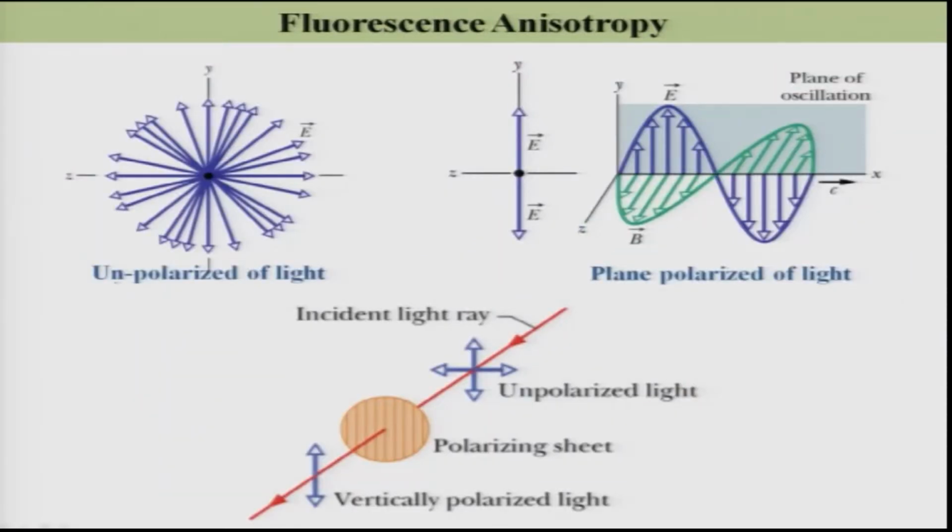As I said, for unpolarized light the direction of oscillation could be anything. This is my electric field, so it could be in this direction, or this direction, and all directions are allowed.